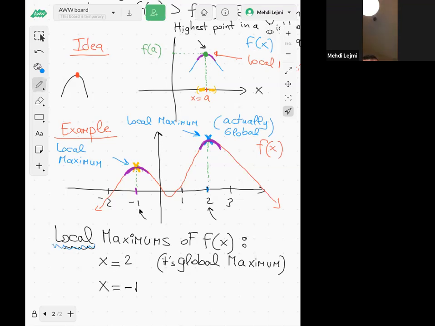I see there's a question in the chat. Yes, for the point. Yes, review, yes. So that's what I mean by a local maximum. Is there any question, guys? You see what I mean by this local maximum?